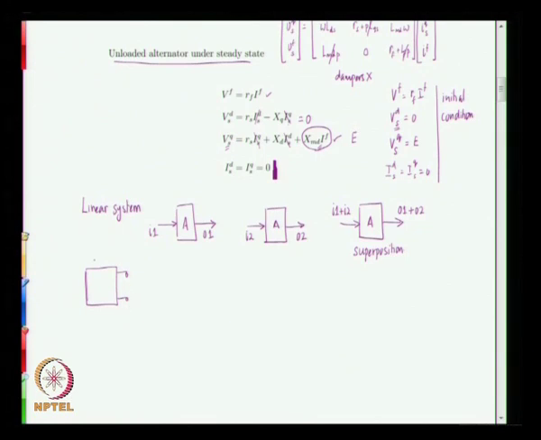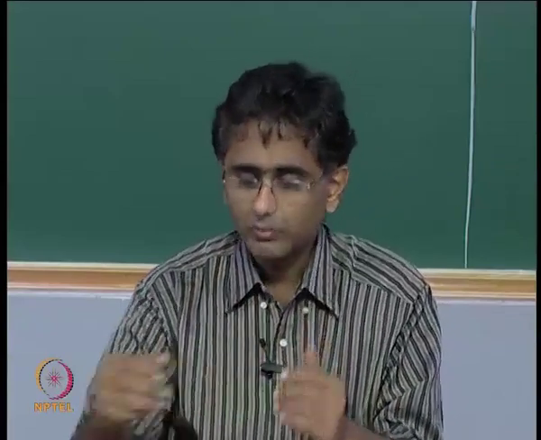This is the d axis equivalent circuit. From the initial conditions that we have seen, under unloaded conditions we find that there is an induced EMF in the alternator that will manifest at the terminals of the stator, and that magnitude is E.